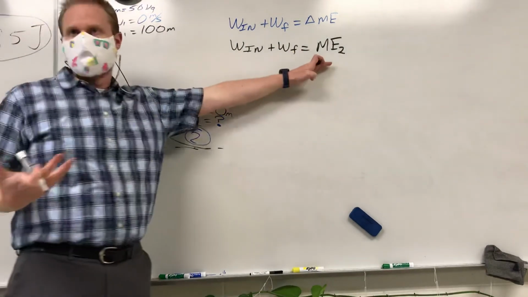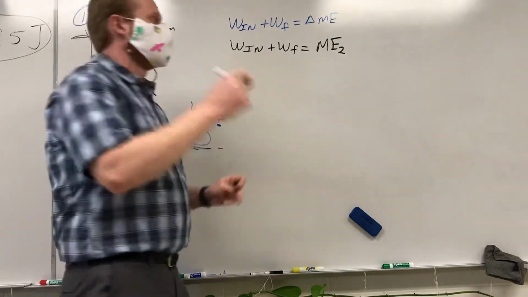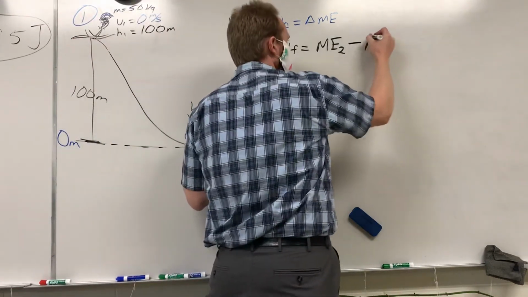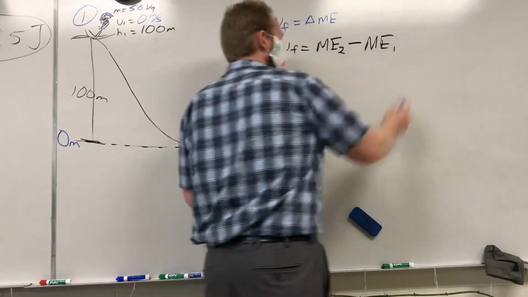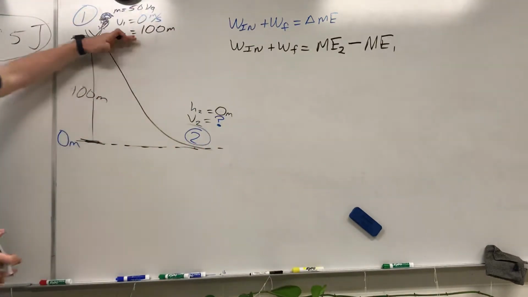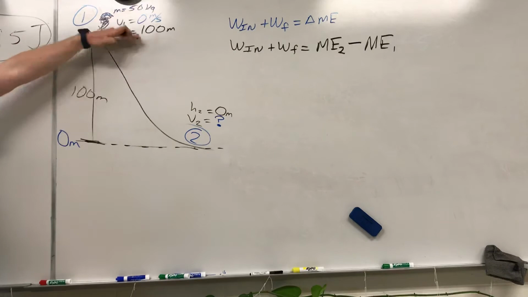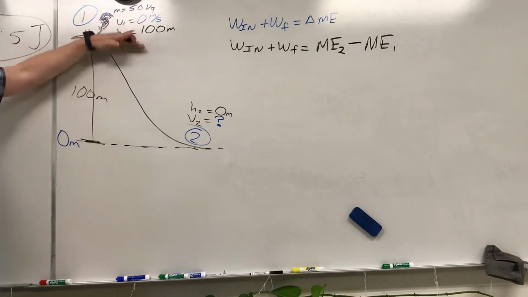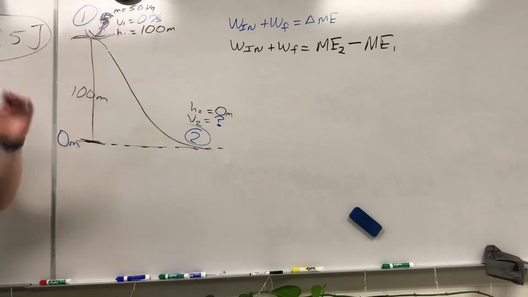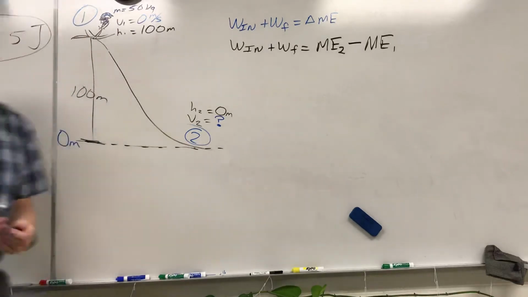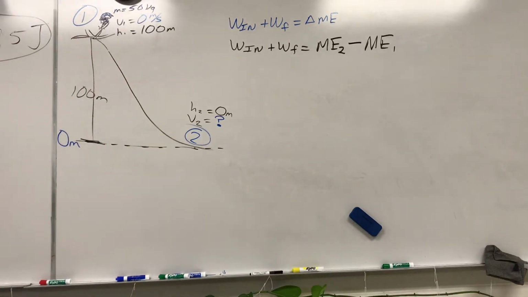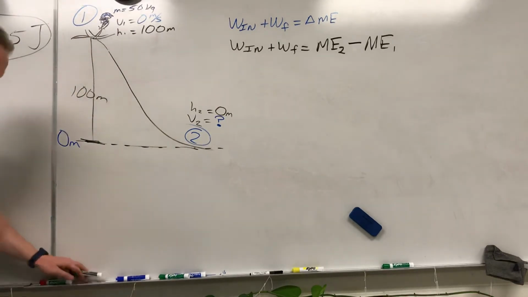That's ME2. And then we have to subtract from that how much mechanical energy the person starts with. How much mechanical energy does this skier have at this one location? That's ME1. But now we're comparing the 2 locations. That can be further expanded, and we'll do that in a second.